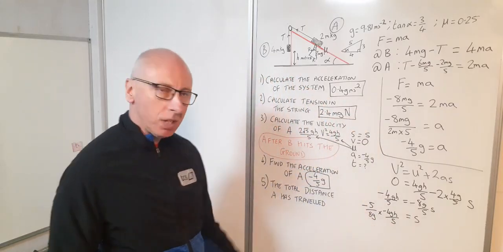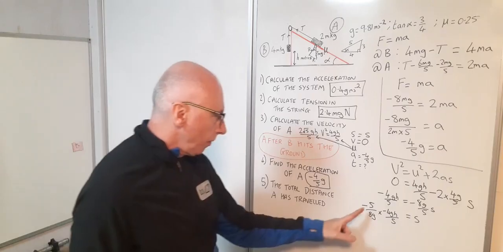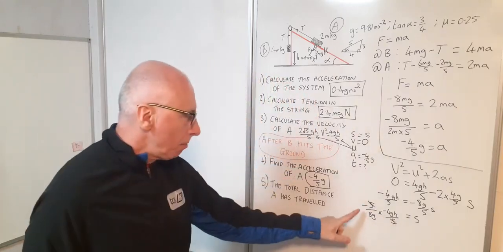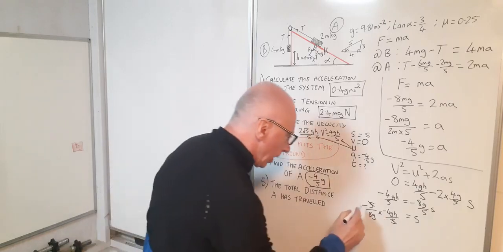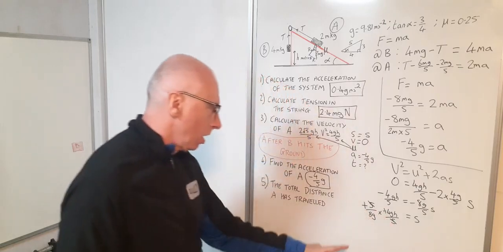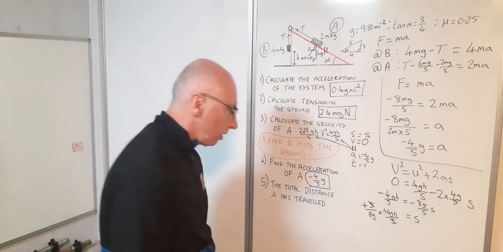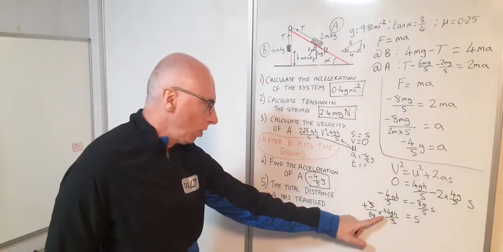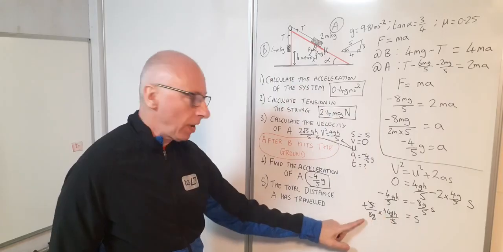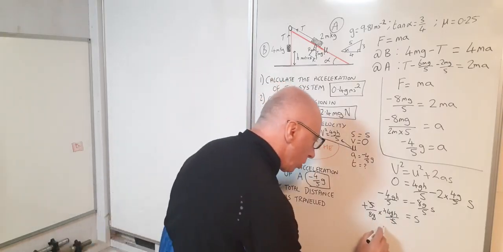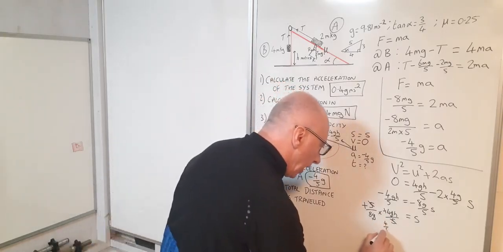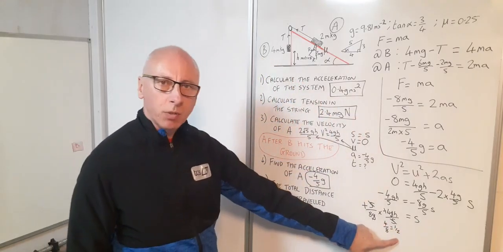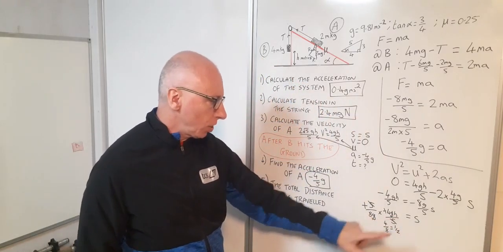So there should be some nice simplifications here. So the 5's cancel. I've got minus times a minus, so they can now be plus. I've got g and g, they can cancel. And I've got a 4 and an 8, so 4 over 8, which equals 1/2. So the distance travelled is going to be half of h.